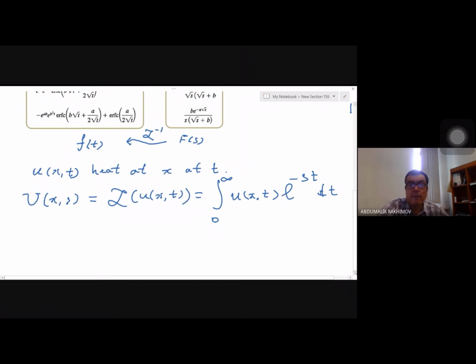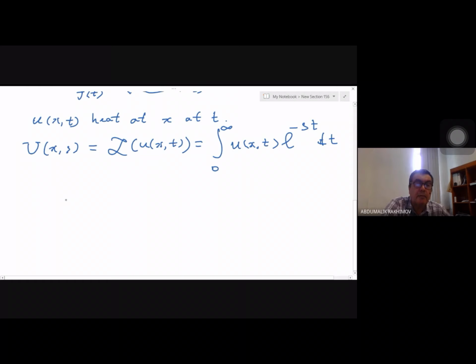Let me remind you of the relation between Laplace transformation and derivative.